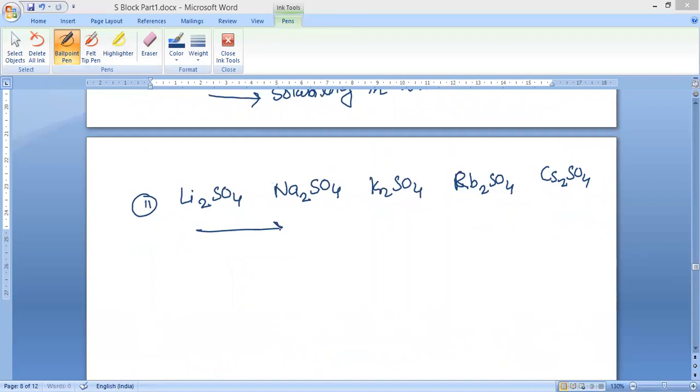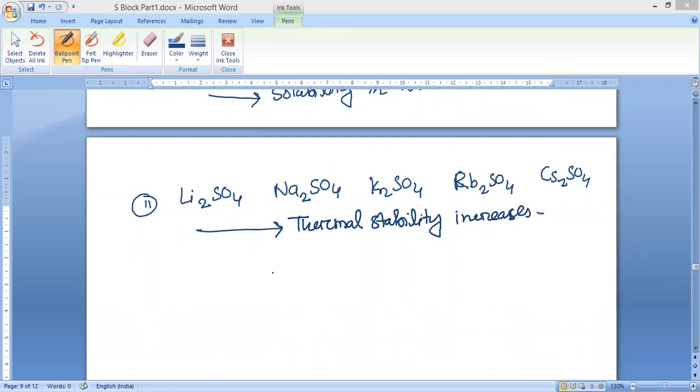So in this case similar thing, thermal stability क्या होगा, increases and solubility in water क्या होगा, decrease. Okay, so this is about sulfate.